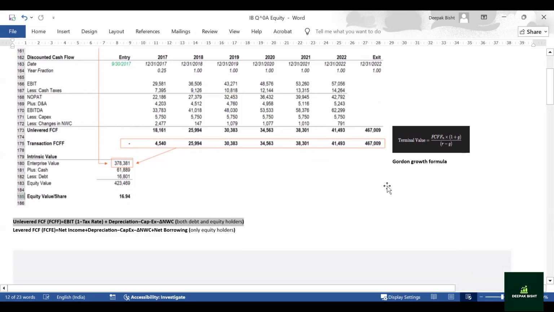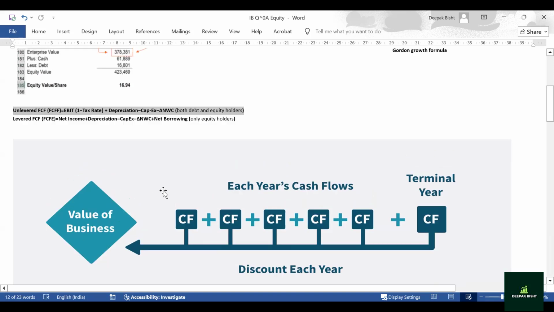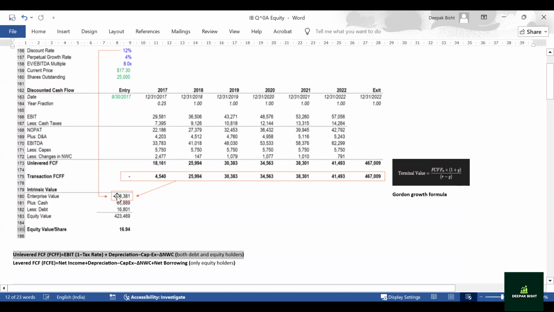So just remember this diagram. To value the business, we discount all the cash flows, each year's cash flows and terminal value, to the exact date, to the exact quarter. So here we would have discounted it for 1 quarter.